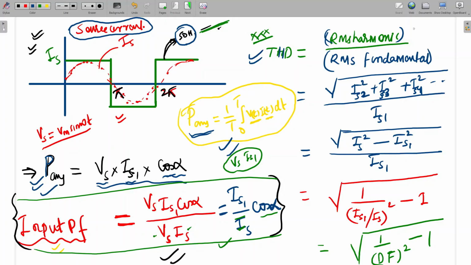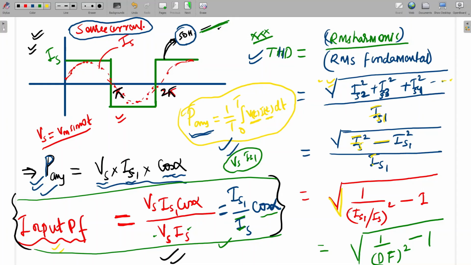The RMS of the total harmonics, like second, third, and fourth, is under root Is2 square plus Is3 square plus Is4 square, going up to infinity, divided by Is1, the fundamental. This we can write as Is total square minus Is1 square. Further we can simplify this one, so this Is1 will go inside the root.